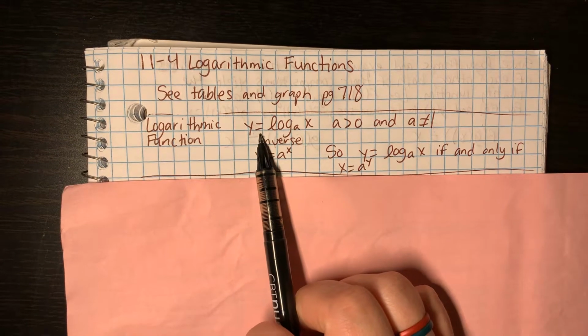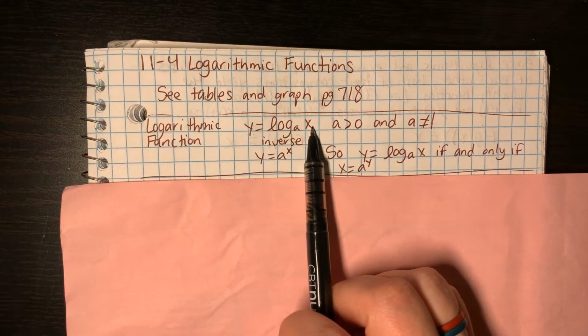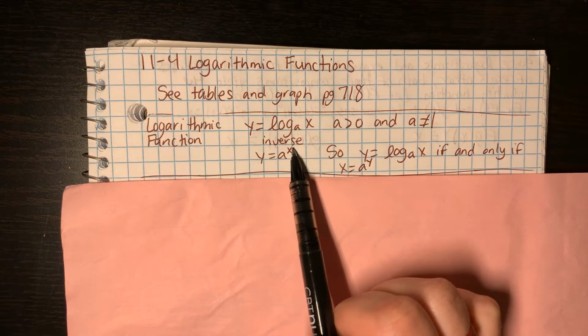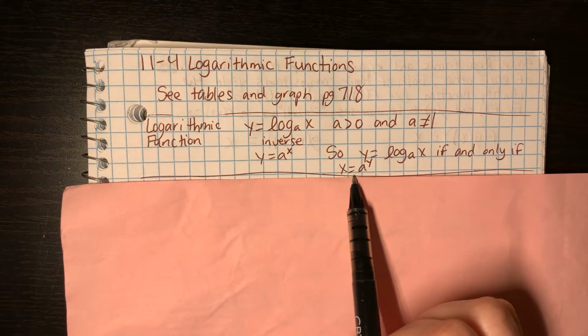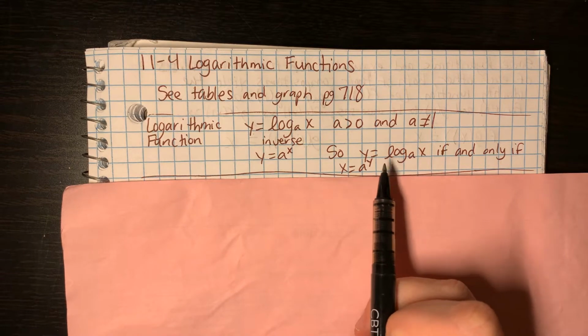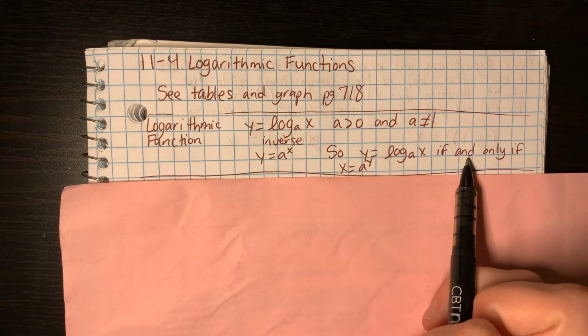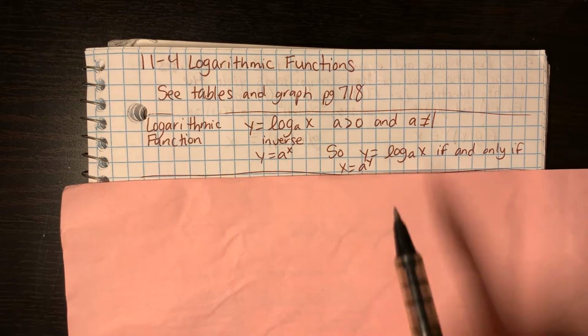So if y equals log base a of x, a has to be greater than 0 and not equal to 1, its inverse is y equals a to the x, so that y equals log base a of x if and only if x equals a to the y, right?